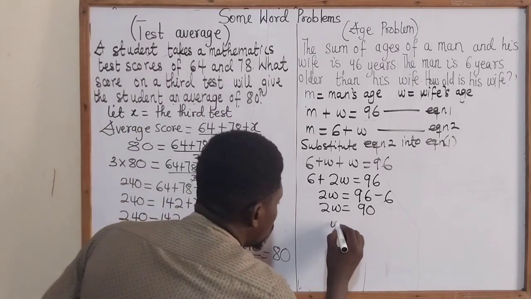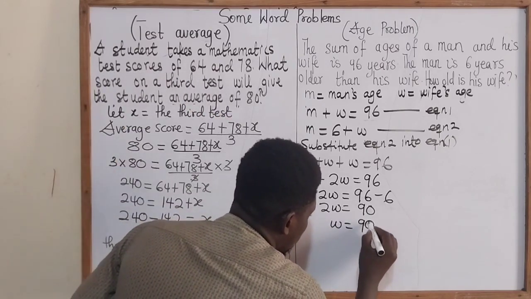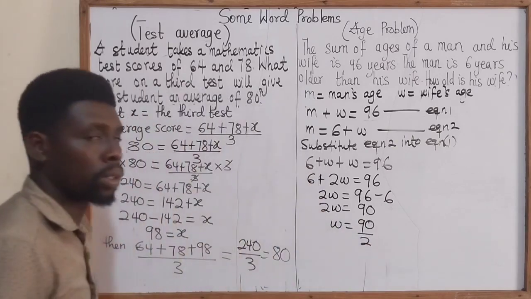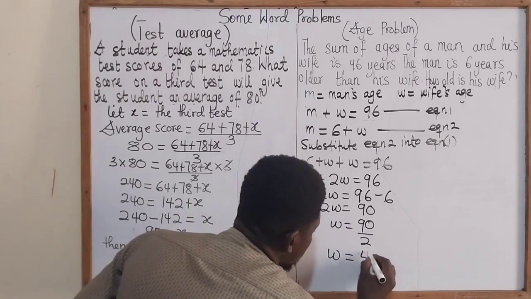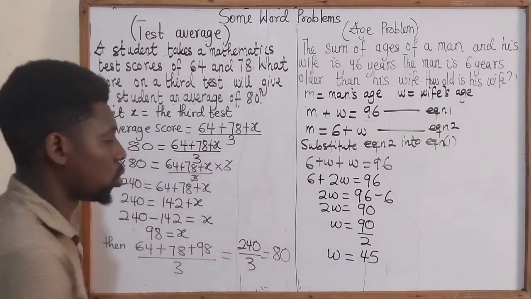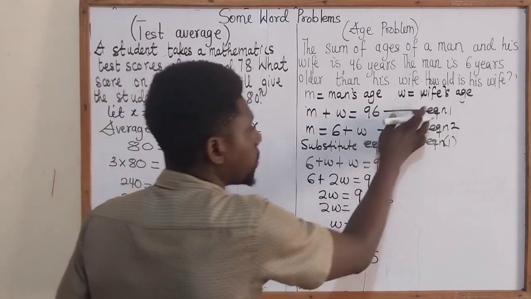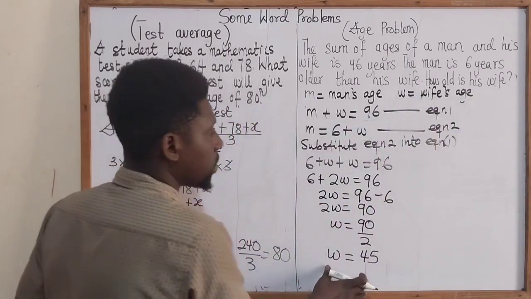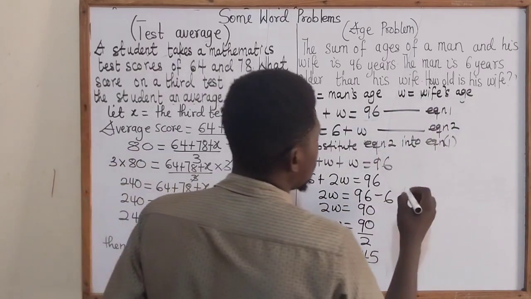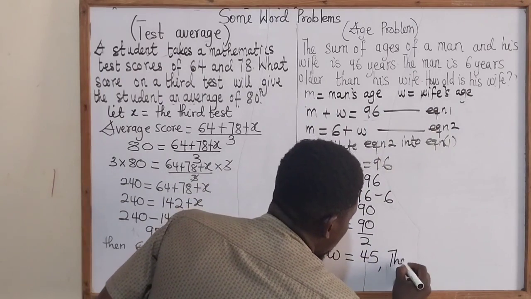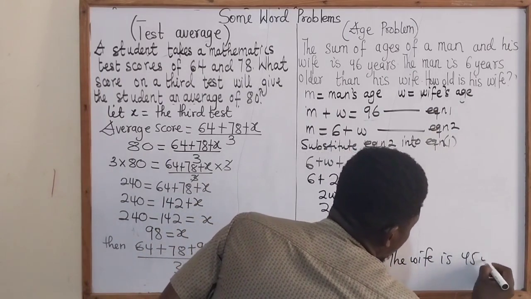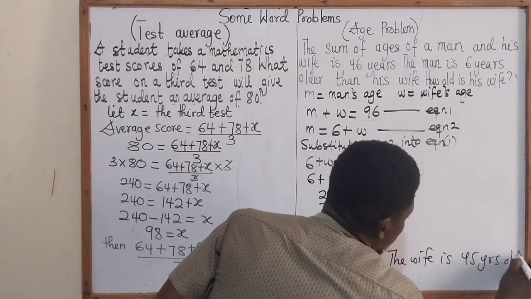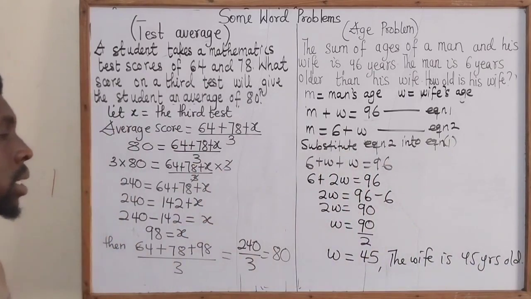So I'm going to get W equals 90 over 2. That is going to give me 45. So we know W as the wife's age. So now the wife's age can be said to be 45 years old.